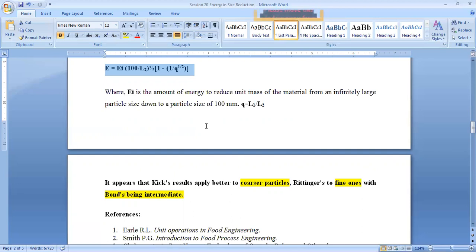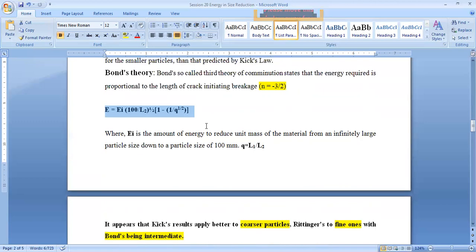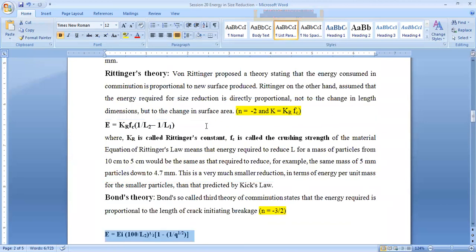So for coarse particles Kick's law, for fine particles Rittinger's law, and for intermediate between coarse and fine, Bond's theory. These are the three empirical theories which explain the power consumption in size reduction.